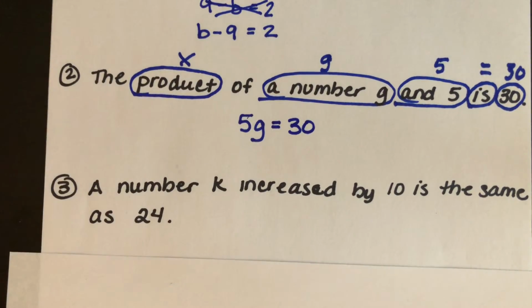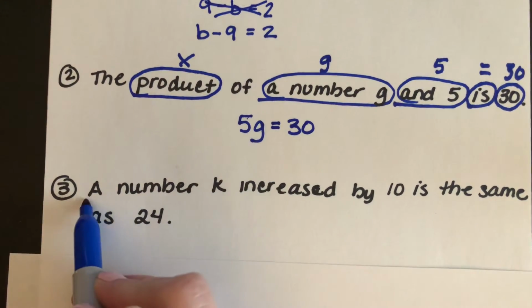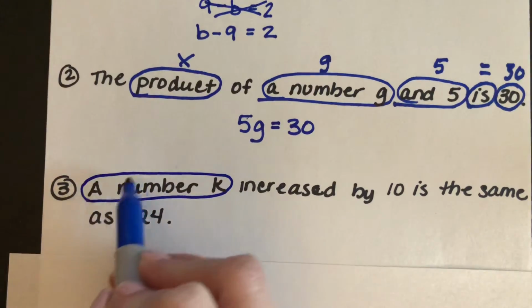A number k increased by 10 is the same as 24. All right, so pause the video here and see if you can figure it out. Okay, let's try this one. A number k, we don't know what that number is, it's just k.